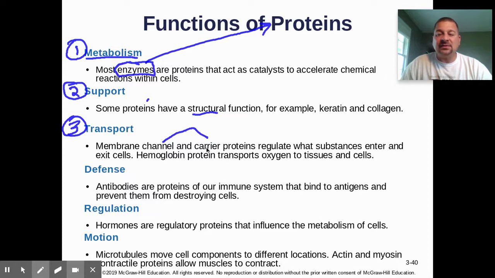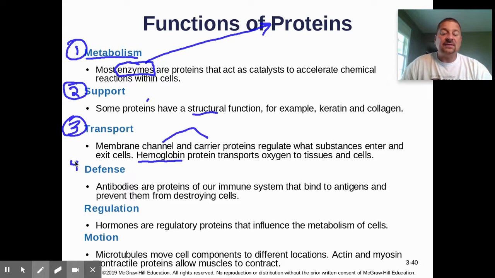Channel and carrier proteins allow things to go through the cell membrane. There are little pumps that will pump ions in or against a concentration gradient. They also transport things throughout our body. For example, hemoglobin is a protein that carries oxygen out to our tissues and cells. So, in and out of cells, and also moving things through living things.